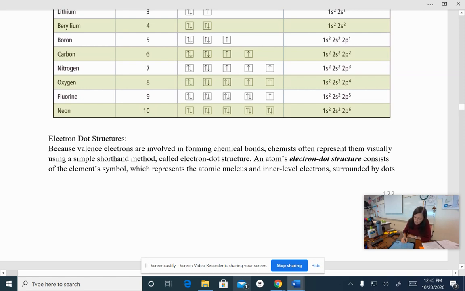Now these electron dot structures are given to us by Gilbert Lewis. This is our first American scientist that we're talking about. He was out at Stanford, actually. Brilliant guy. And we use Lewis structures a lot in chemistry.